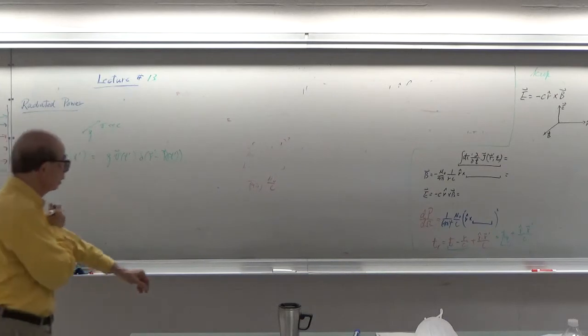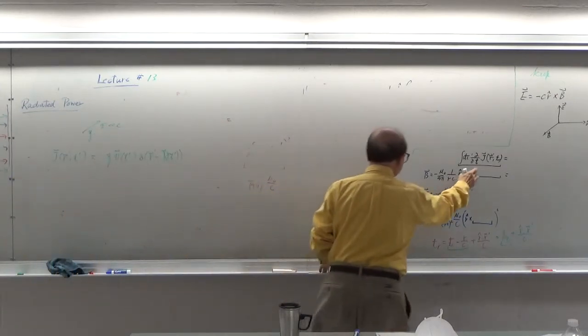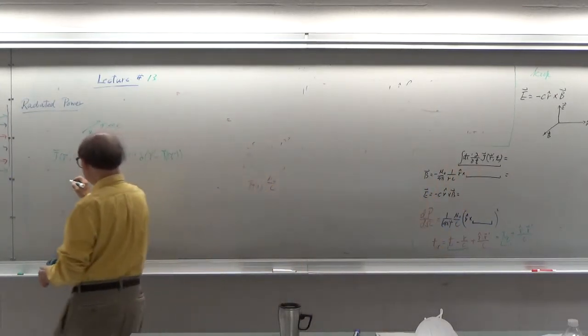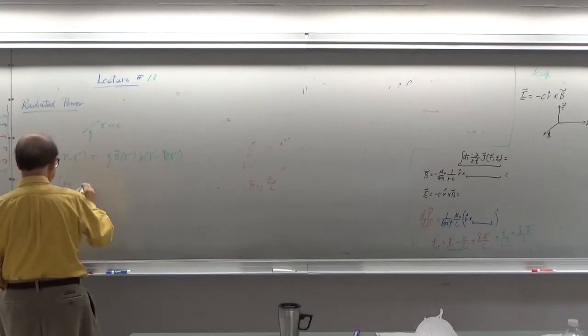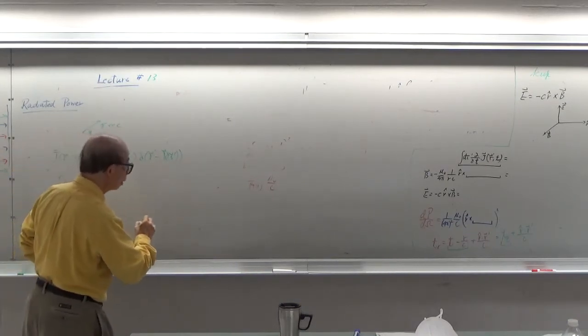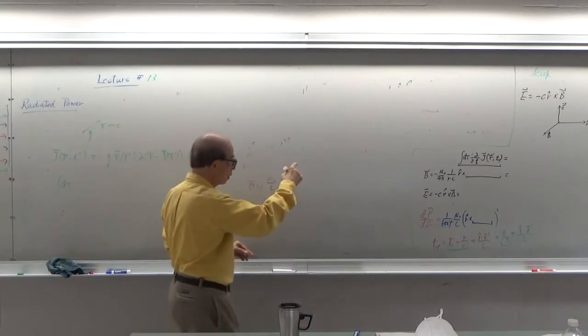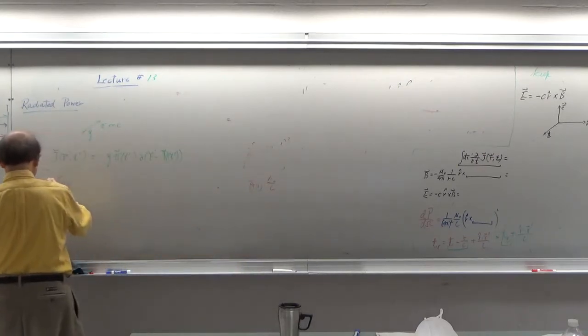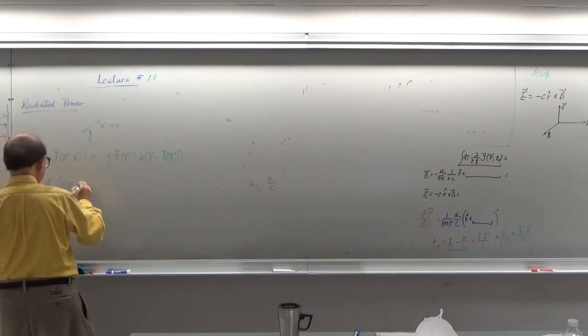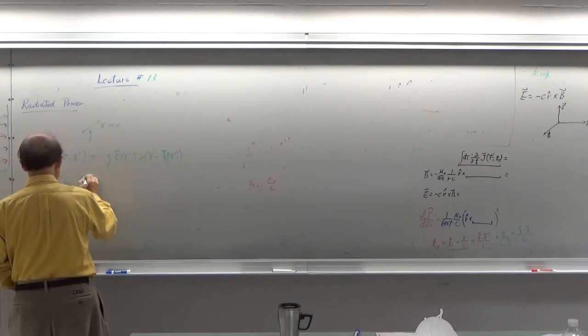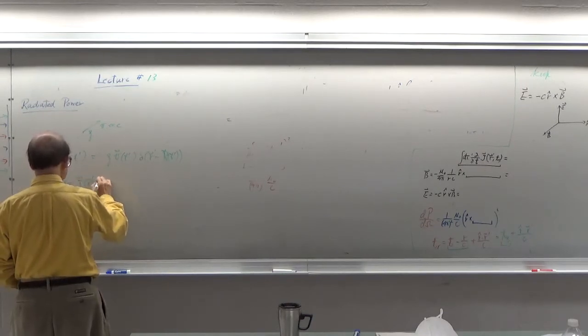Okay, in that case, now we can calculate what this is. The volume integral of ∂/∂t, I can pull outside. It becomes d/dt times J of r prime, t prime.